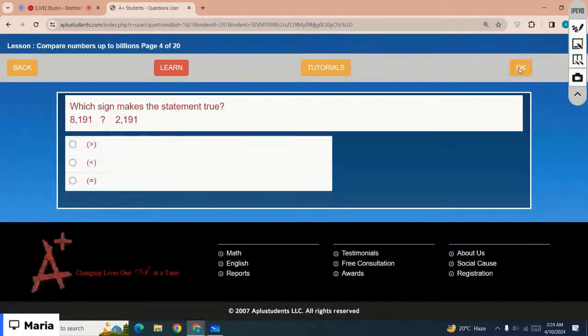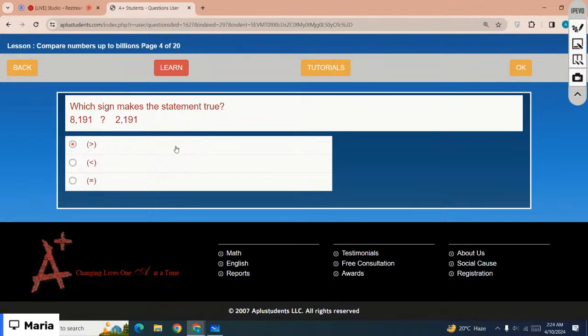Which sign makes the statement true? Which is the correct option? 8,191 and 2,191. Which is the correct option? 8,191 is greater than 2,191, right? And option number 1 is the correct option.